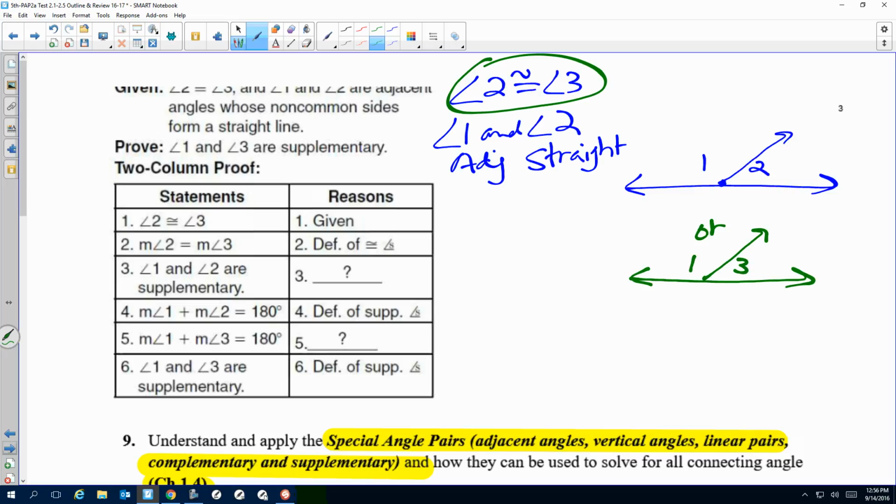That's one way of drawing it. Or if I wanted to combine it all together, we'll talk about that later. So we're trying to prove that 1 and 3 are supplementary.